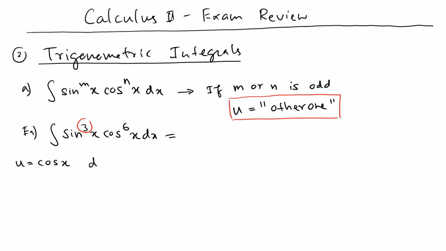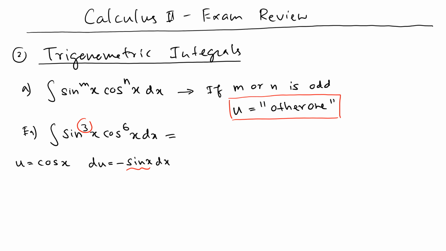Once you take the derivative, you can see the derivative of cosine is negative sine x. So we're gonna pull one sine term for the derivative part, because you can see there's a sine here. That's why it has to be odd.